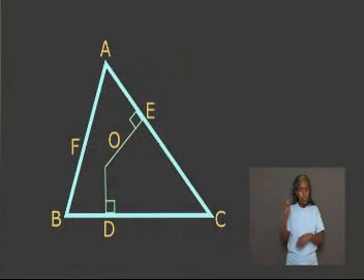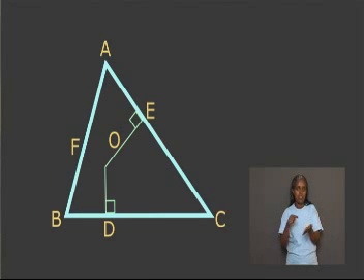Observe this triangle. We can use what we have learned to prove that the perpendiculars from the vertices of this triangle to the opposite sides intersect at a single point. Remember, students, lines that intersect at a point are called concurrent. Let us mark our triangle like this.